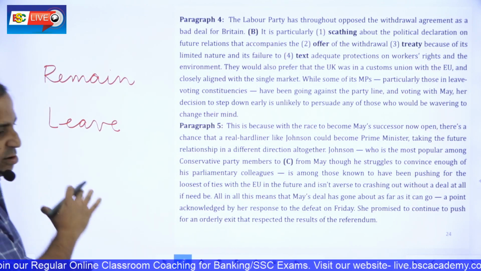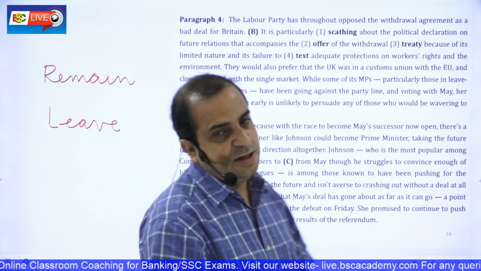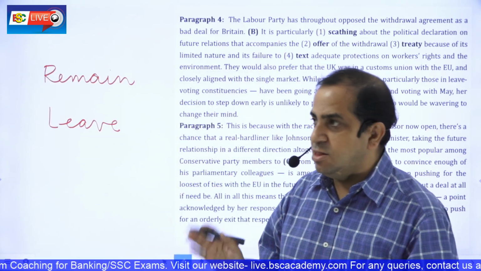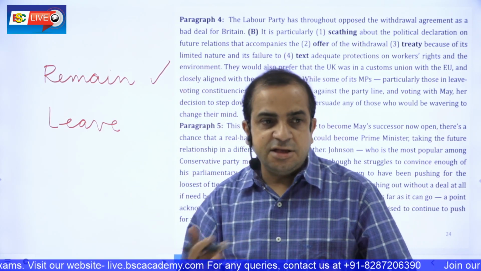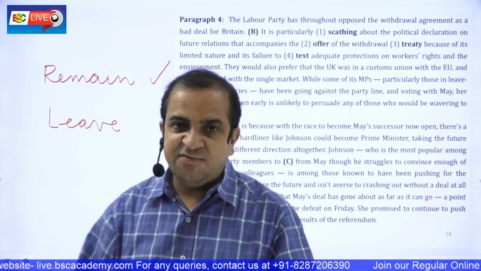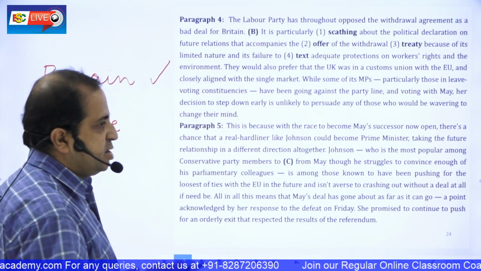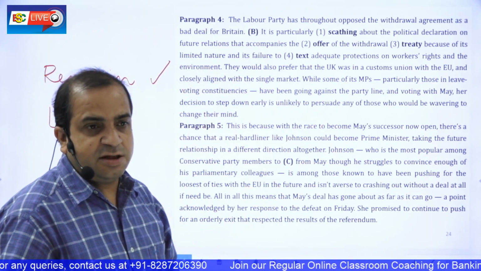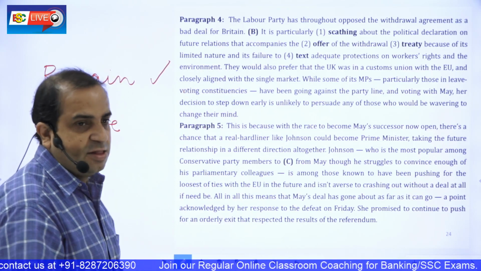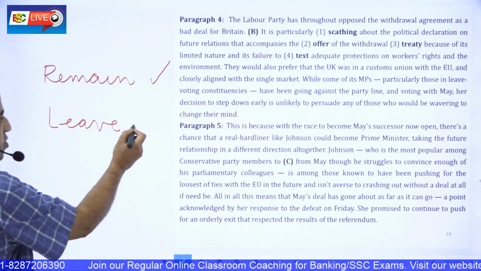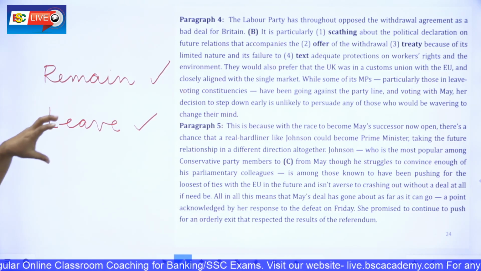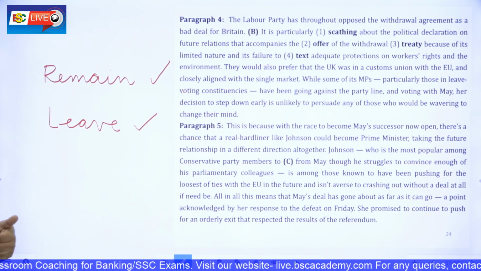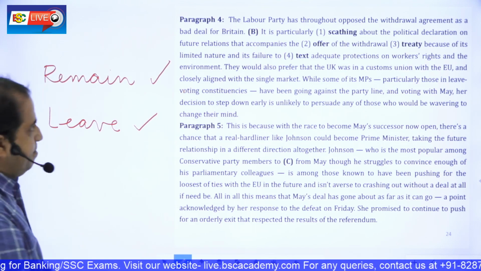So there is one stream of thinking which prefers that Britain should remain in the EU. For them, this word remain is used. And there is other stream of thinking which believes that if Britain remains in the EU, its interests are being thwarted. So it should better leave. और उसके लिए ये आ जाता है आपका leave. So remain and leave ये दो word अक्सर आपको मिलेंगे capital R, capital L. तो इनका ध्यान रखें.